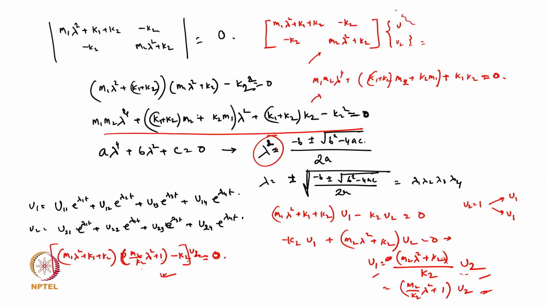So this is another way to solve the problem. Instead of directly calculating the eigenvalues this way, you can first solve one equation, get the value of how u1 can be written in terms of u2, then substitute u1 in terms of u2 and solve for the value of u2.